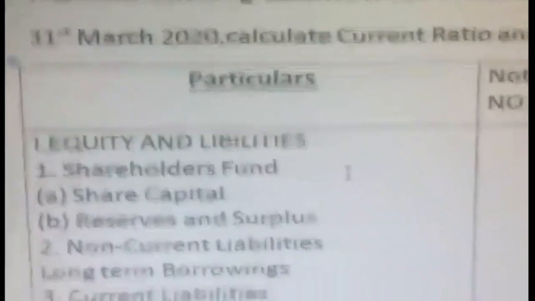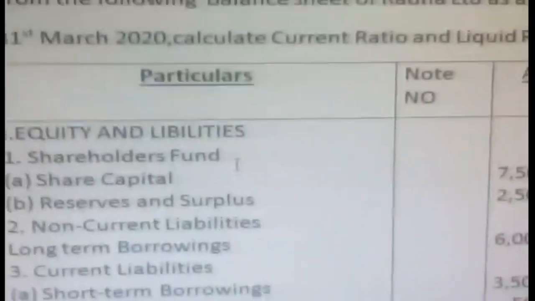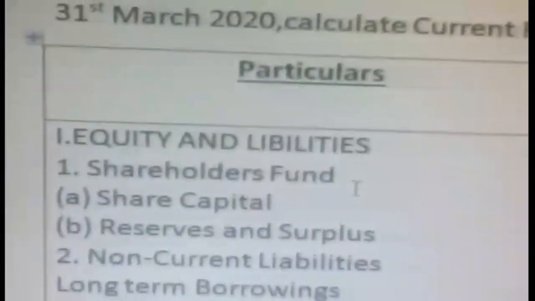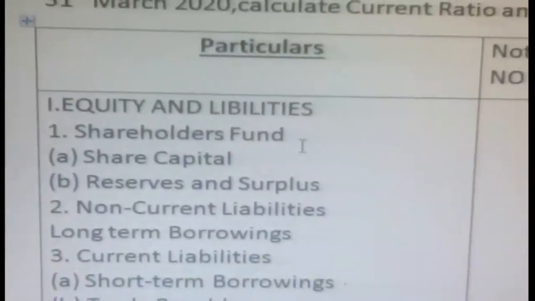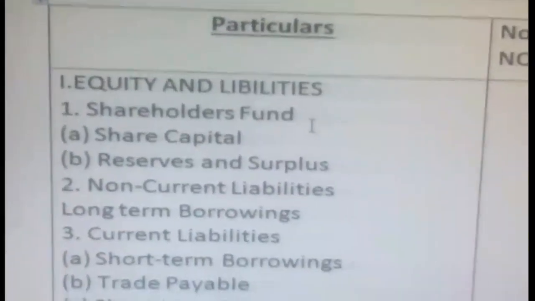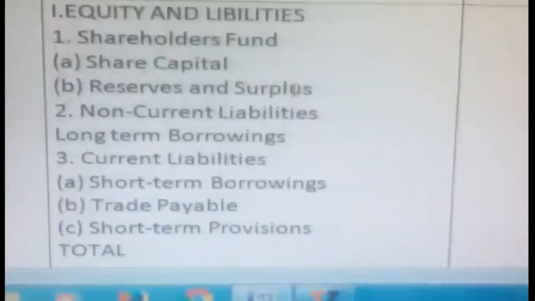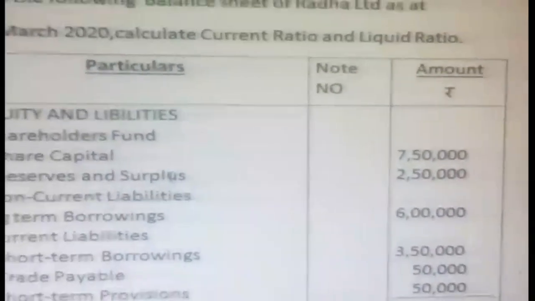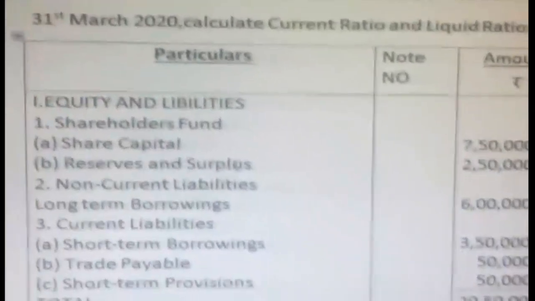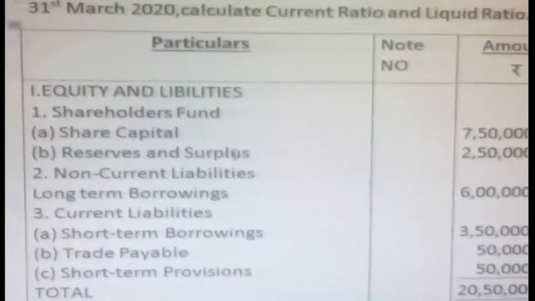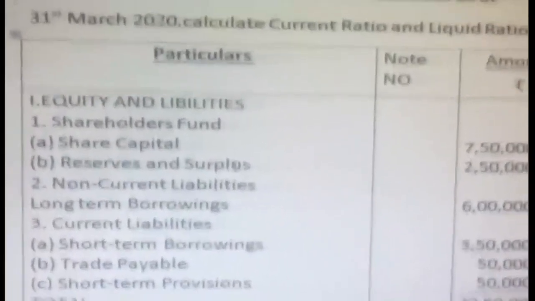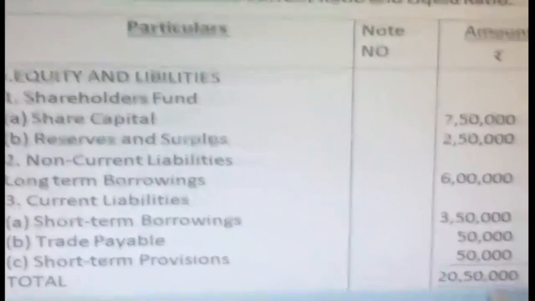Here one balance sheet problem is given. Under equity and liabilities, it clearly mentions share capital, reserves and surplus, non-current liabilities, long-term borrowings, current liabilities, short-term borrowings, and short-term provisions. Similarly, the amounts are there.